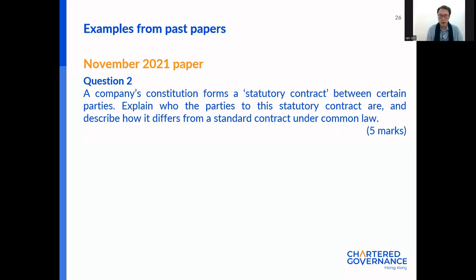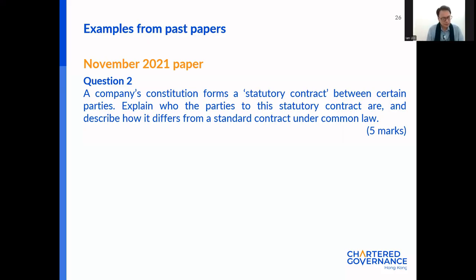They have agreed on the contents of the Constitution, the Articles of Association, so that now becomes binding on the company and all of its members. That is the reason why it is called a statutory contract, because it comes into force when you form the company, when you have the articles, and you are the one who agreed to be bound by them. So when asked who the parties involved are, clearly it is the company and all of the founder members. They are bound.